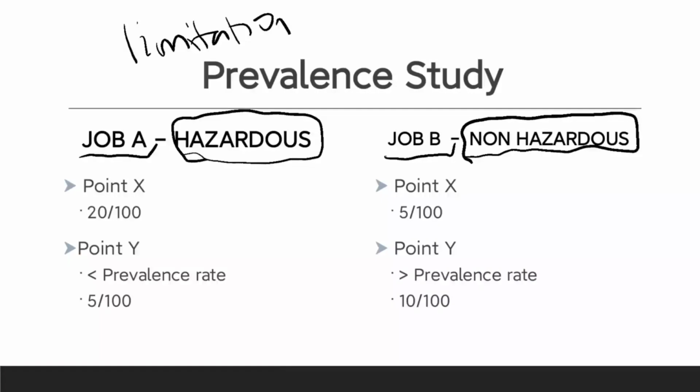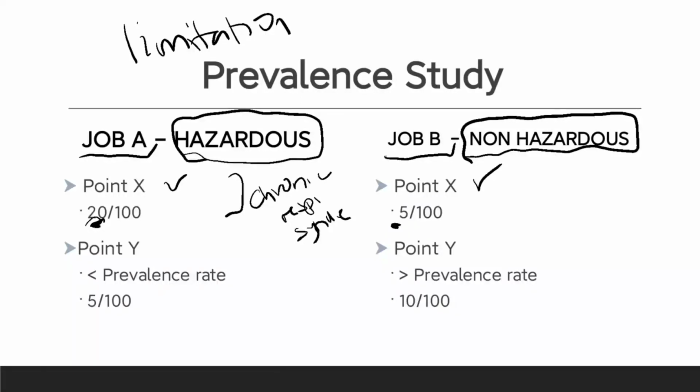Next, we conducted a survey at a particular time. Let's say, yung point X. Ito yung ginawa nating survey. We might find out that 4 times as many workers in job A had chronic respiratory syndromes. Nagkaroon sila ng chronic respiratory syndromes. Sino? Yung 20 tsaka yung 5. Okay?